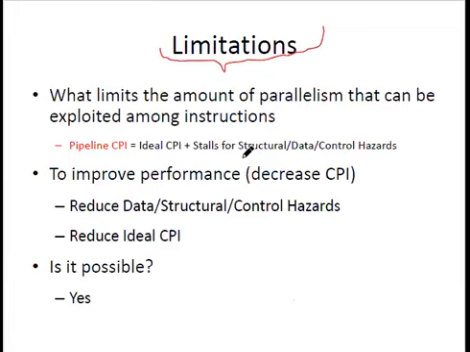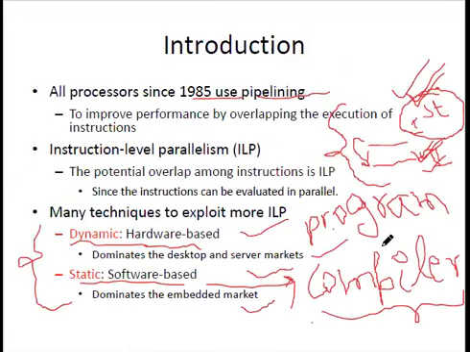So what are the ILP limitations? We can see the parallelism that can be exploited among the instructions. In pipelining CPI, we have an ideal CPI, and it stalls for structural, data and control hazards. What are hazards? Hazards are the constraints we were talking about right now. Hazards are the constraints or the dependencies.